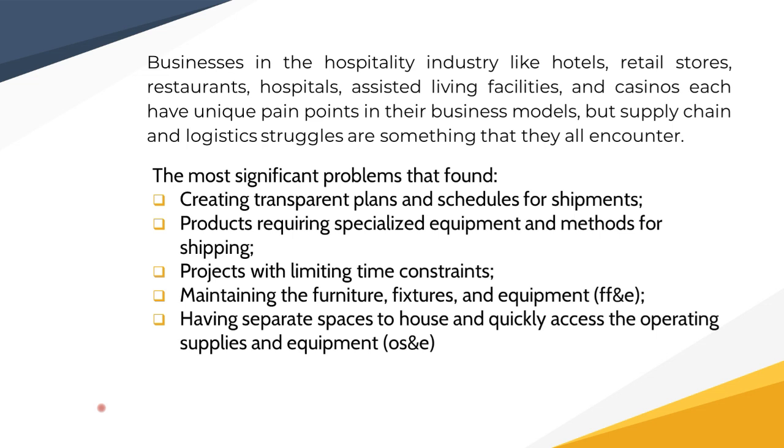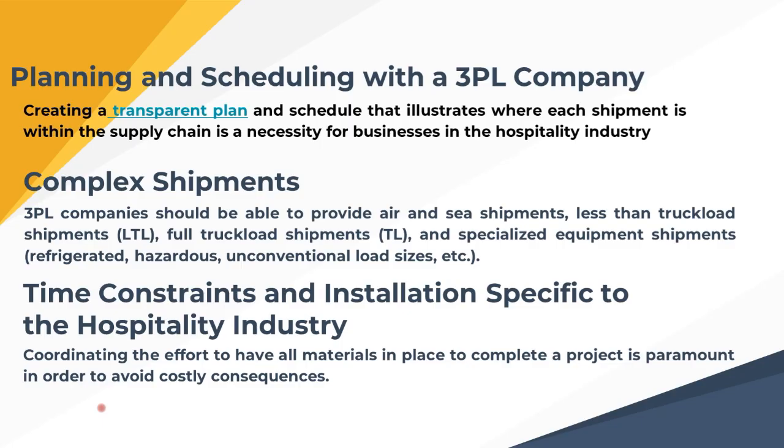Yung let's say limiting time constraints, maintaining the furnitures, fixtures and equipment, and lastly yung operating supplies and equipment. So now, yung mga issues na yan or mga problems, meron siyang corresponding na solution.